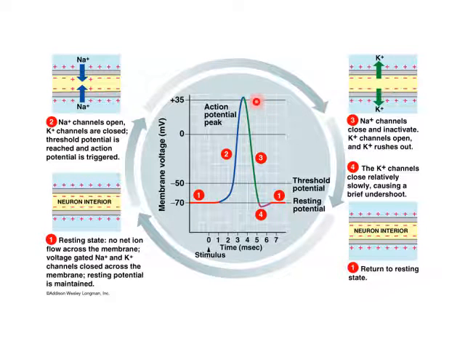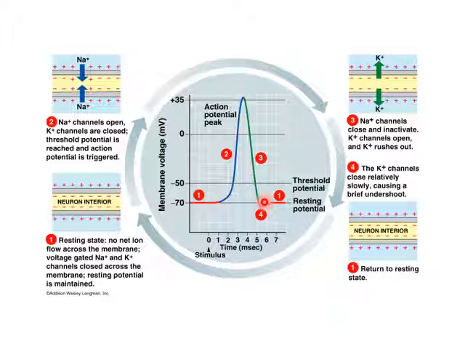Part 3, we need to get everything back sorted to 0. So sending the potassium out is going to bring that back to where we were. There's usually an overcorrection there until we get back to our resting potential one more time, back to where we started. So sodium going in is going to make the inside more positive.